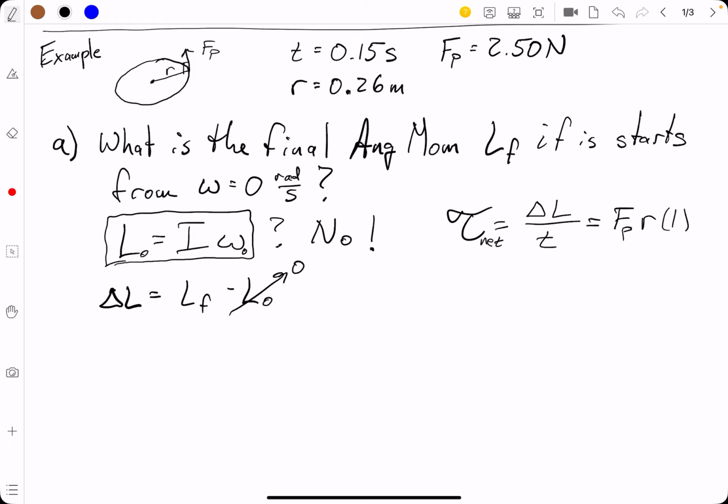Now we can say delta L is essentially LF, and LF divided by T is equal to the radius times our force of the person. Solving for LF, we can get LF is equal to R T F_P. Oh, what do you know?